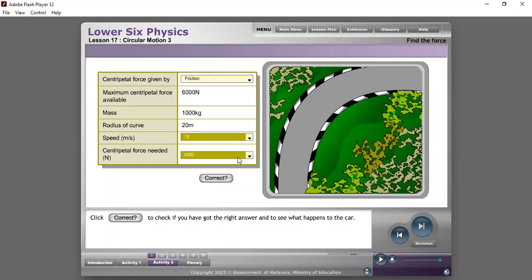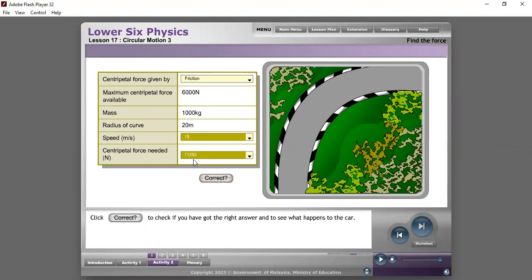If the speed increases to 15, that means it will reach 11250. We calculate again with 15: mv squared over r, so we get 11250. So what happened? Now we notice that 11250 is greater than 6,000 Newton, right? 6,000 is the maximum centripetal force available for the car.